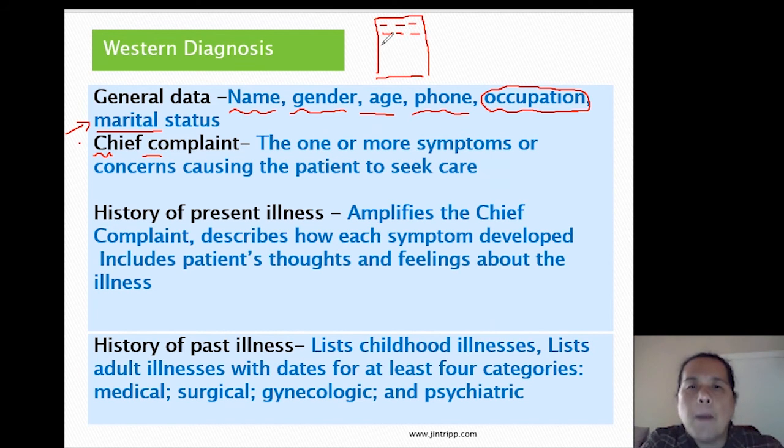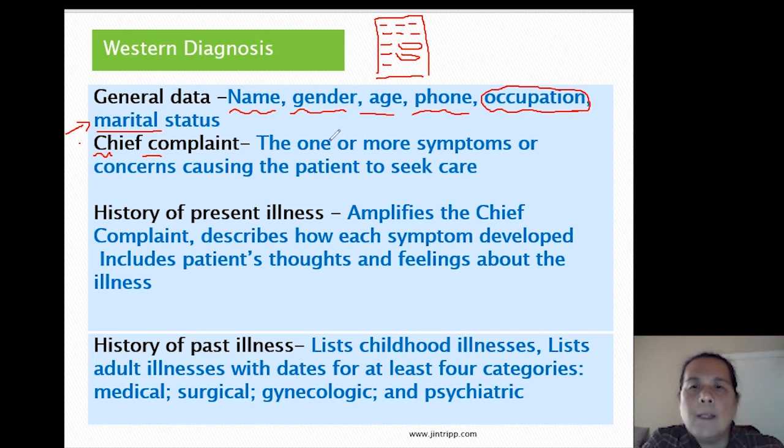Then the form will have a place for the chief complaint, and then the history of personal illness and history of past illness. Basically, you just put the information in the same part, and that will be okay. You don't need to write down each heading each time.